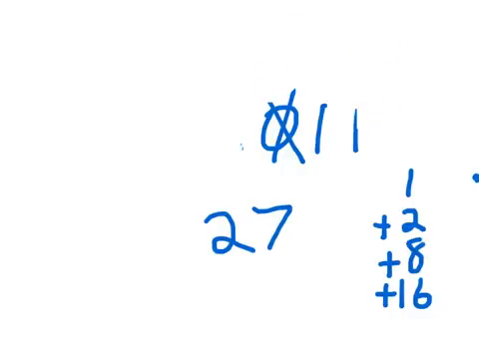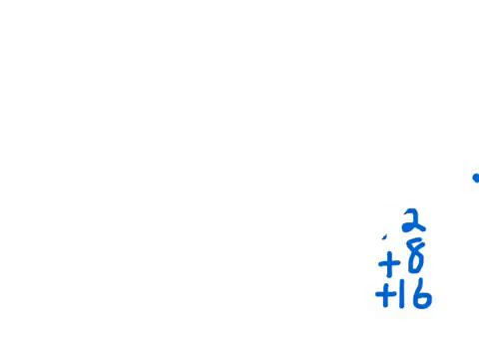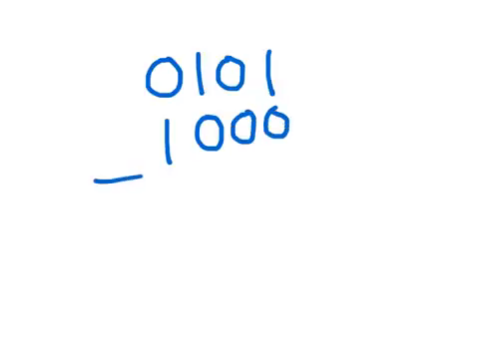Now, this explains how you can convert any binary number from binary, base 2, to decimal, which is base 10. Let's look at how we can add together two binary numbers. So for example, let's say we have this binary number and this binary number.